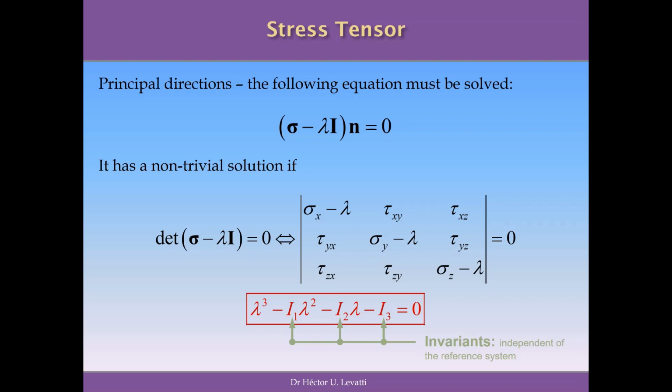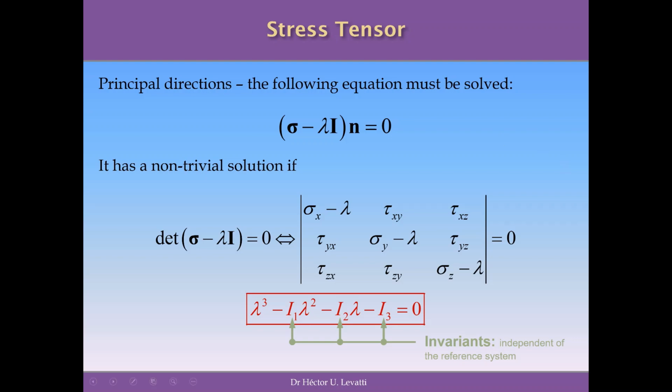And this is the reason why, if we work out the determinant of this expression you can see on the screen, you can derive an expression like this here, that is the secular equation for this tensor, and this equation allows you to calculate the eigenvalues that are the principal stresses of this tensor, and the eigenvectors that are the directions of these principal stresses.